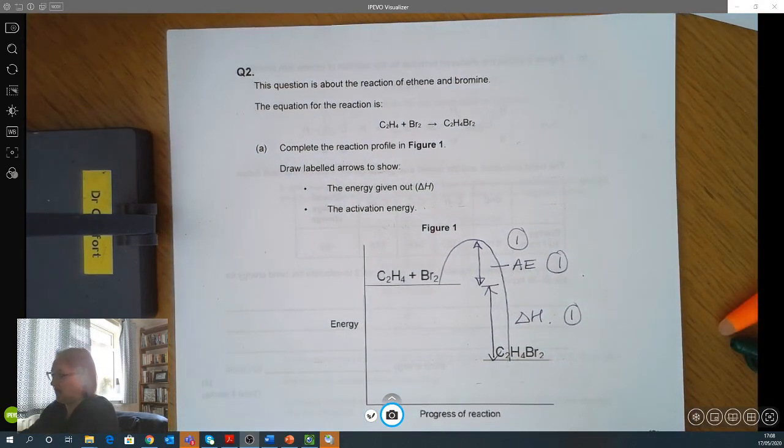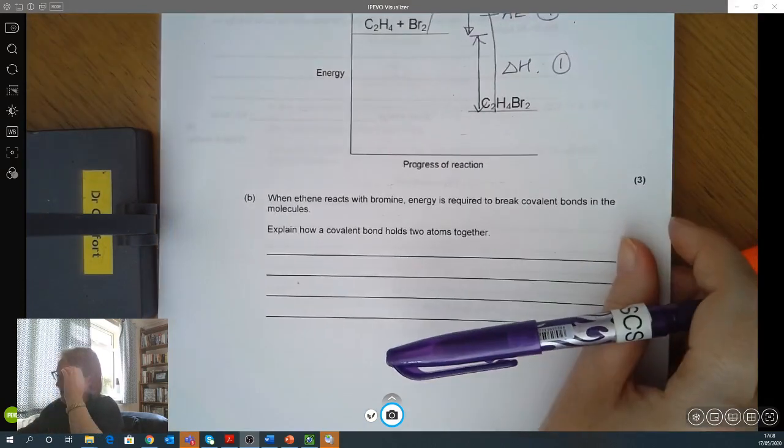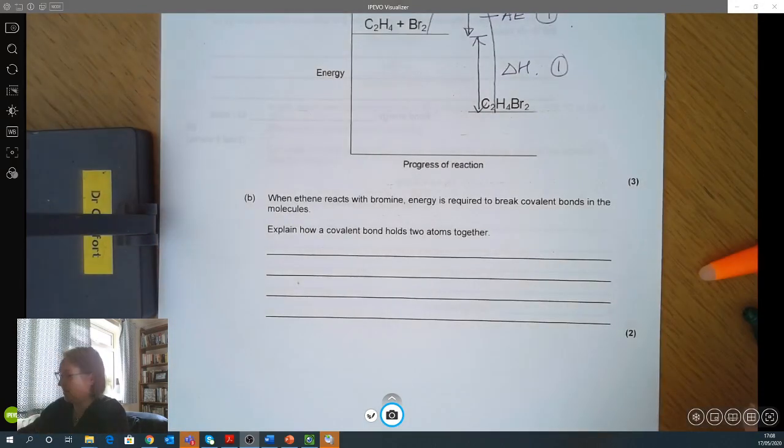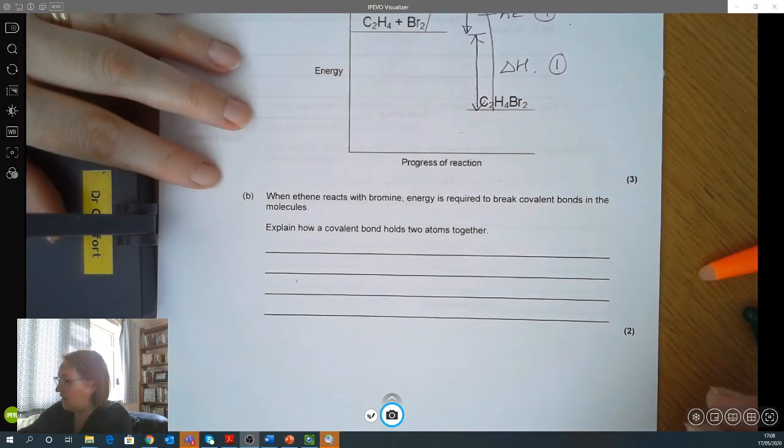When ethene reacts with bromine, energy is required to break the bonds. How does a covalent bond hold atoms together?